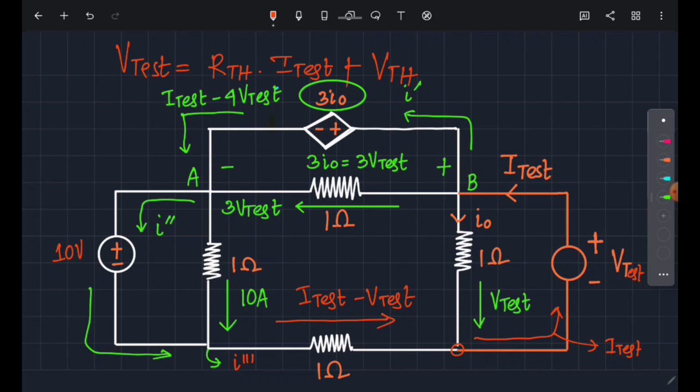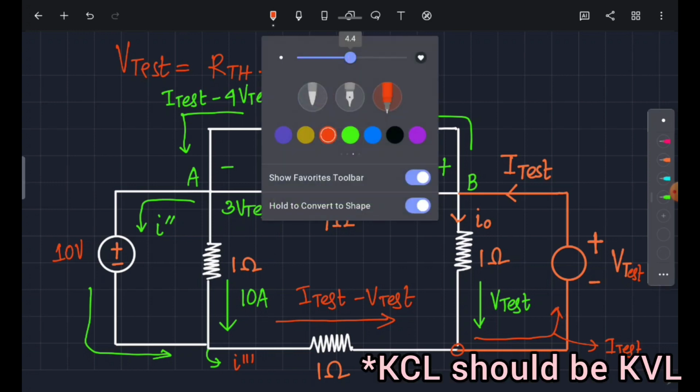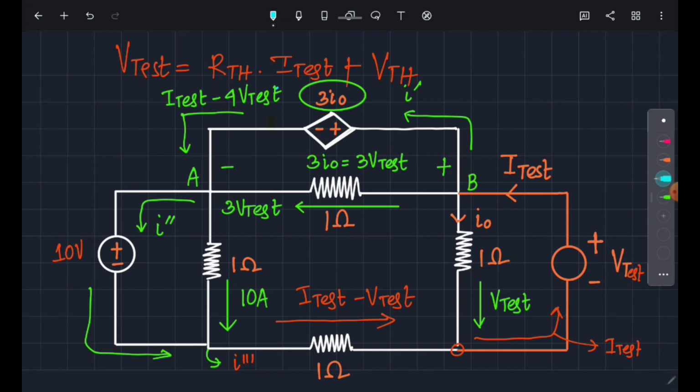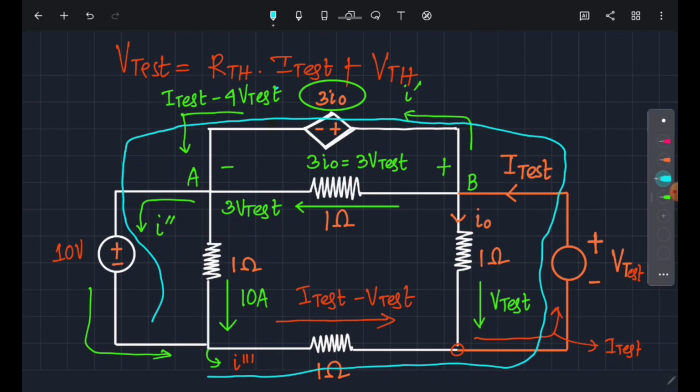Okay, so if we apply a KVL around this outer path, let's see what happens. So KVL at the outer path.